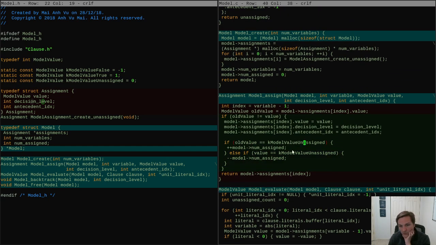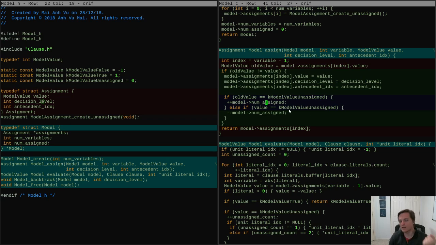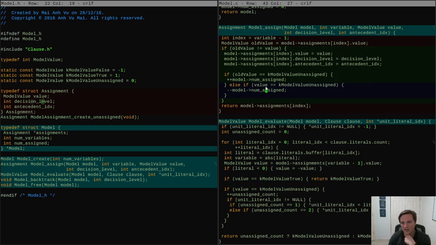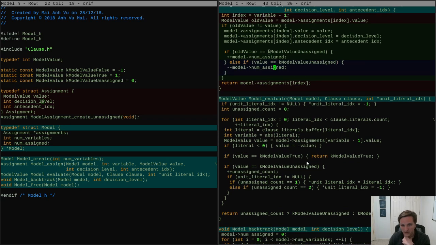So if the old value was unassigned and we know we're changing it, then we've increased the number of assignments. Otherwise, if the new value is unassigned, then we must be changing from assigned to unassigned, so we decrease. So we can keep track of how many variables are assigned that way. So this is a number between 0 and the number of variables, a counter of how many of these have been set to true or false.